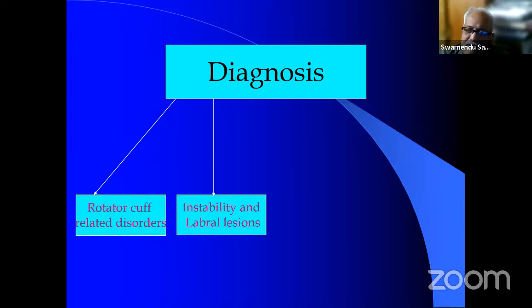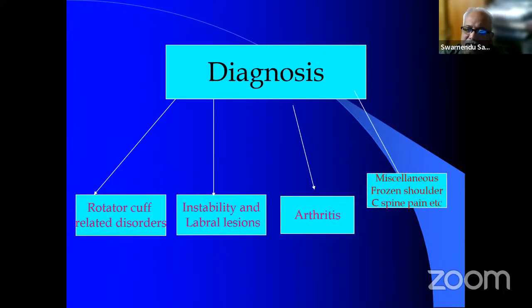Also remember that there are certain pathologies. The common problems around the shoulder are either rotator cuff related disorders, instability, labral lesions, arthritis, and miscellaneous ones like frozen shoulder and cervical pain, etc.